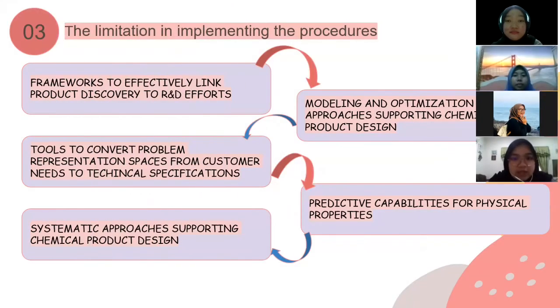Second is modeling and optimization approaches for chemical product design. In chemical engineering, this modeling and optimization is focused in this department. In order to clarify chemical product design and the integration of chemical product and process design, knowledge in this area needs to be adapted and expanded.